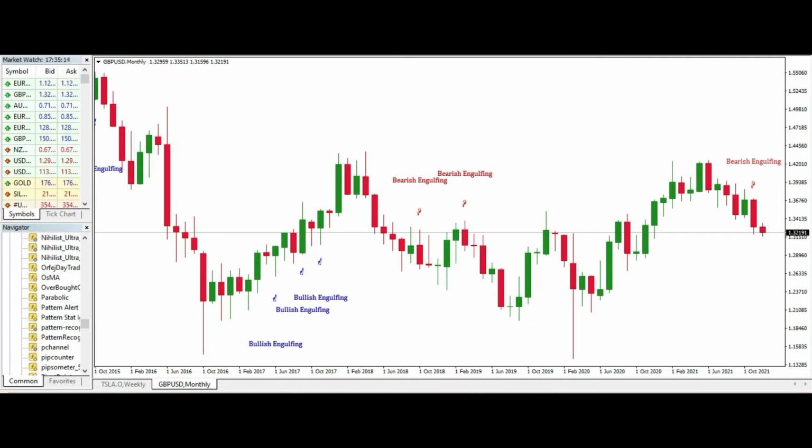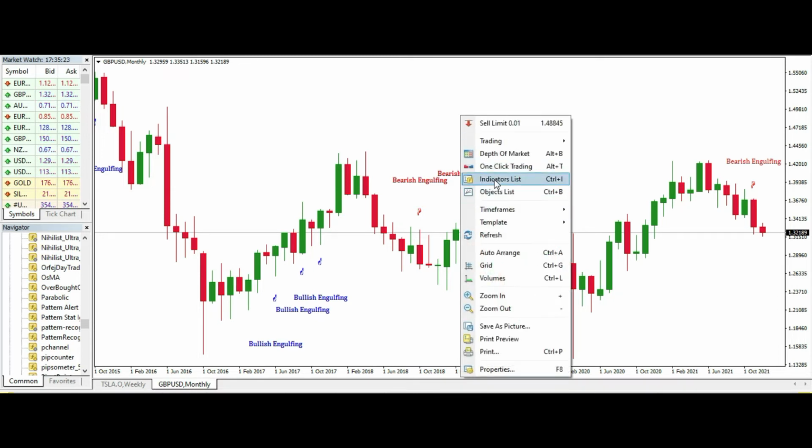But on the other side, we have some indicator that everybody knows these patterns. So patterns are very famous. I will just show right now.